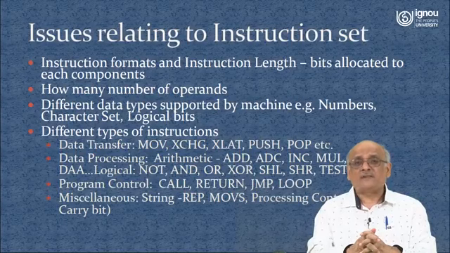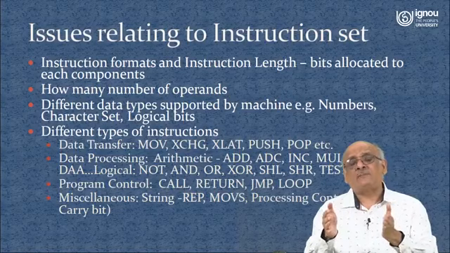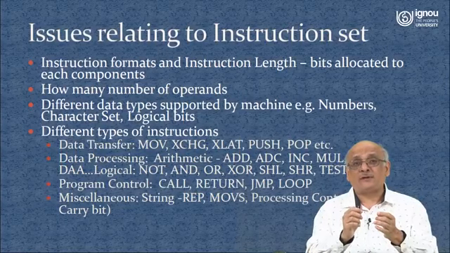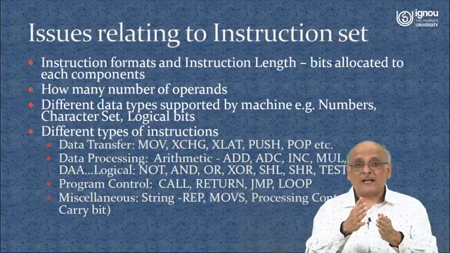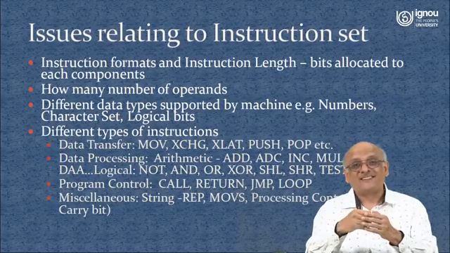What happens when we are dealing with different microprocessors is that the instruction lengths can be different. In fact, when I was talking about 8086, I made a specific statement that an instruction of 8086 can vary from 8 bits, that is 1 byte, to 6 bytes.